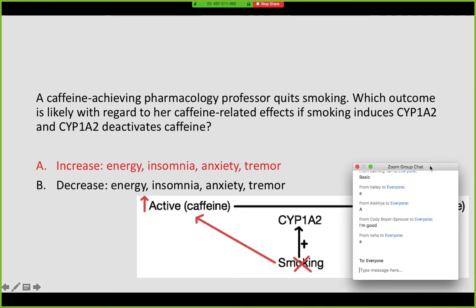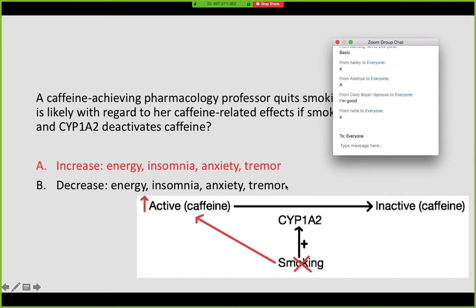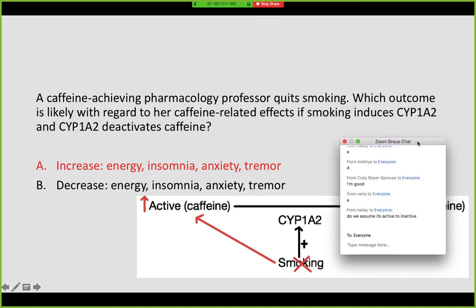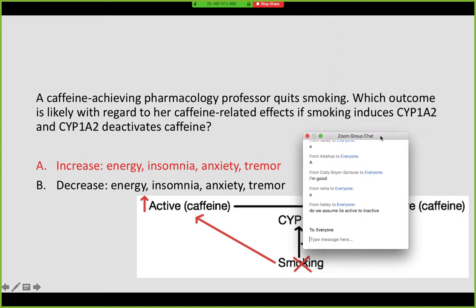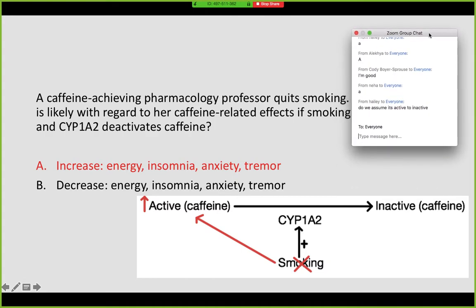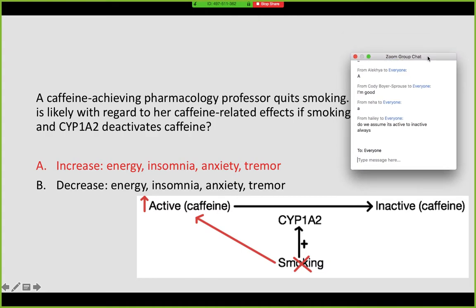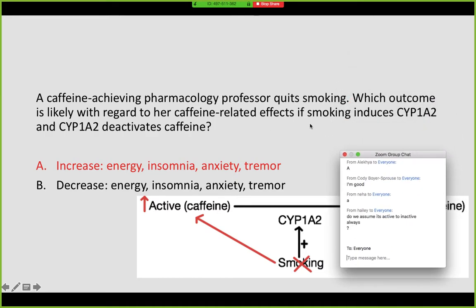Right, so my main purpose here is to show you how I like to draw these out. I wouldn't assume, because in this question, she tells you CYP1A2 deactivates caffeine.